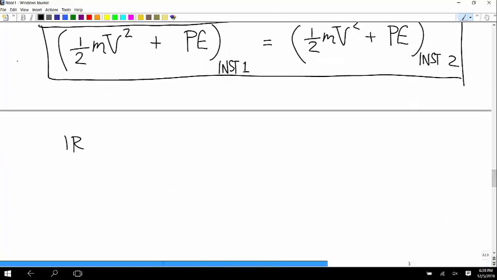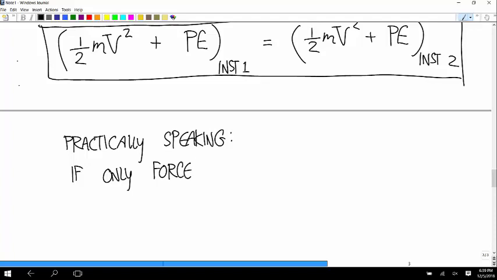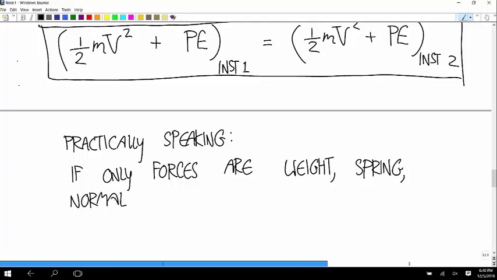So practically speaking, you can think of it this way. If the only forces are weight, spring, normal, and centripetal, then you can use that equation.